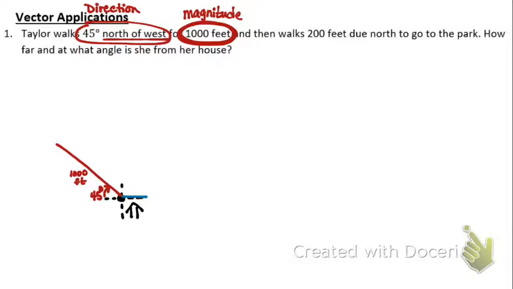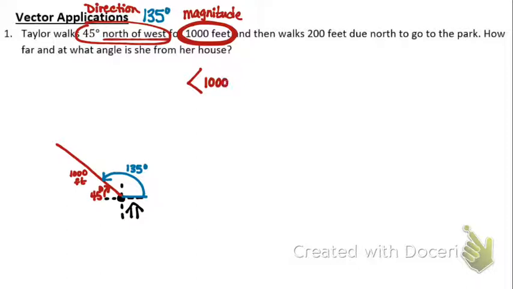What would this angle be if you know that little bit there is 45 degrees? 135 degrees. So I'm going to write a vector for this right here. We're going to write it in component form, just like we practiced and I had you write down on your Post-it note. What's our magnitude? 1,000.